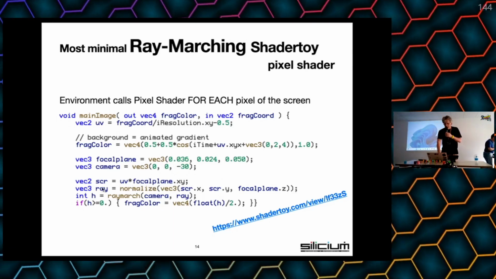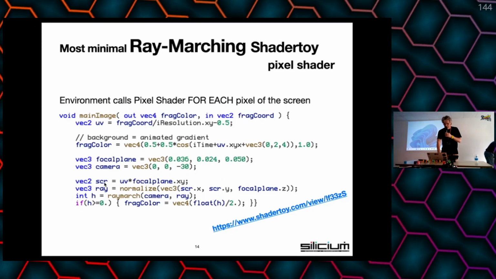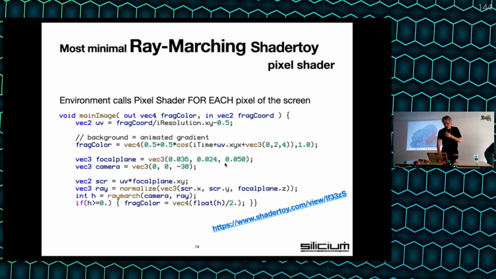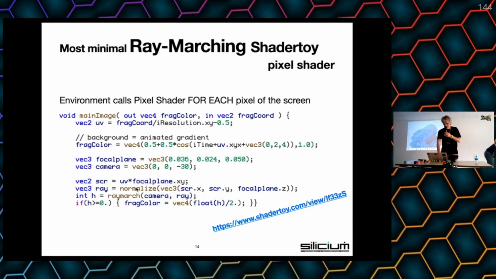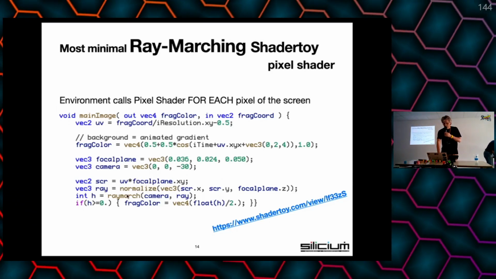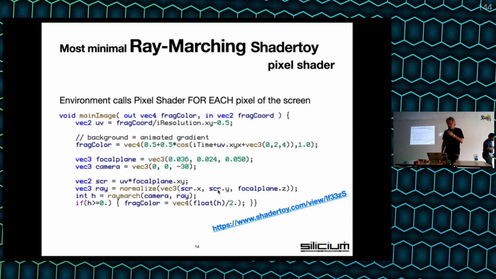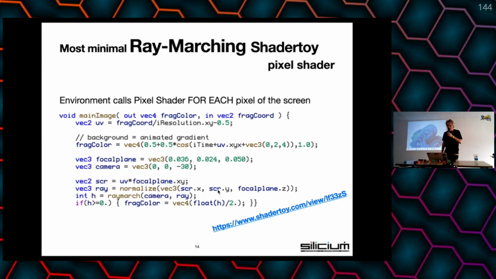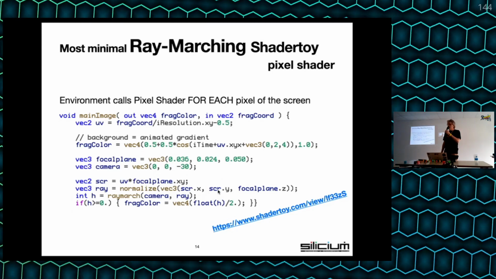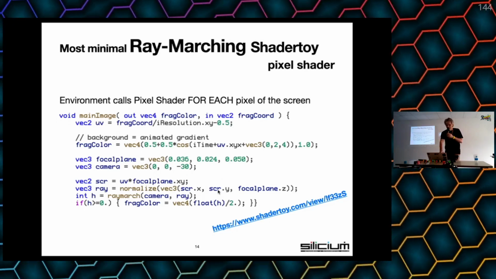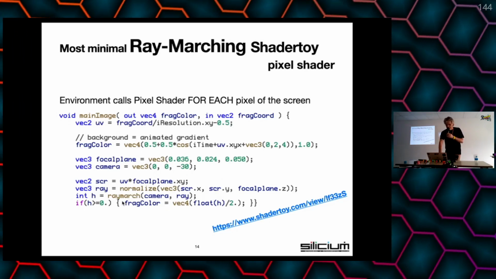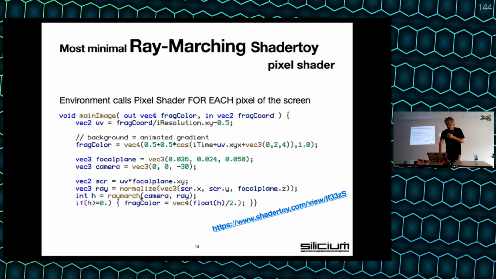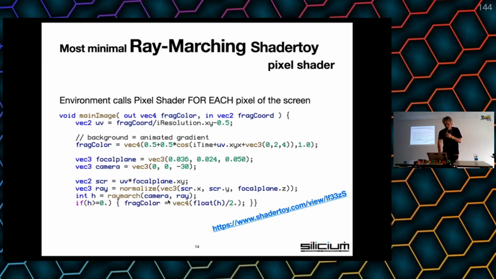These are the screen coordinates that we want according to the projection to this focal plane. What we compute here is the vector that goes from the camera through one pixel of the screen. Along this line is where we want to interrogate our signed distance function. That's the Raymarching algorithm that we will see in the following slides.